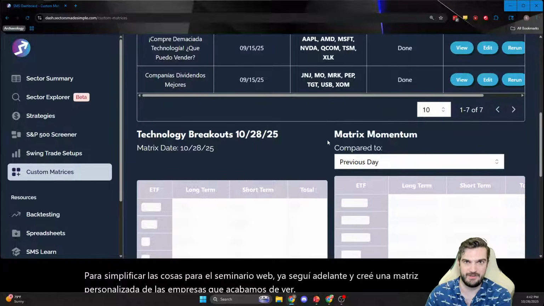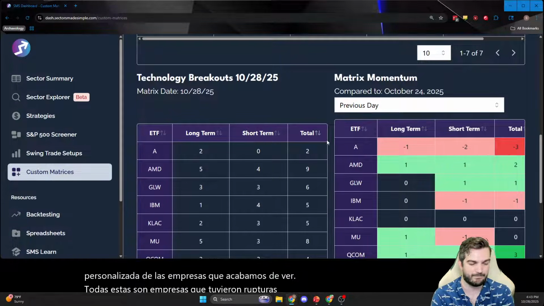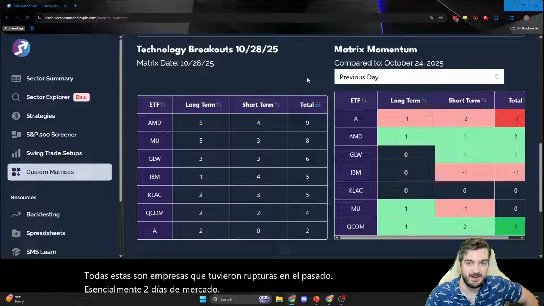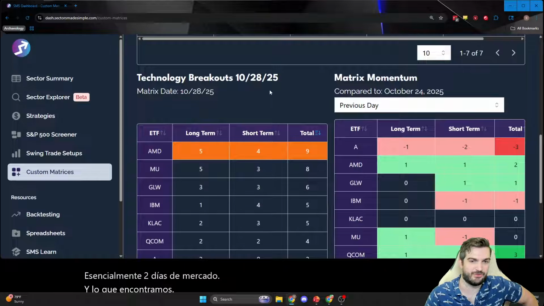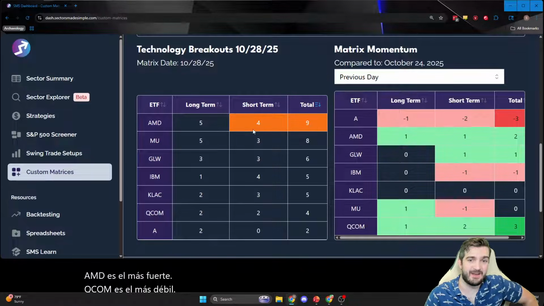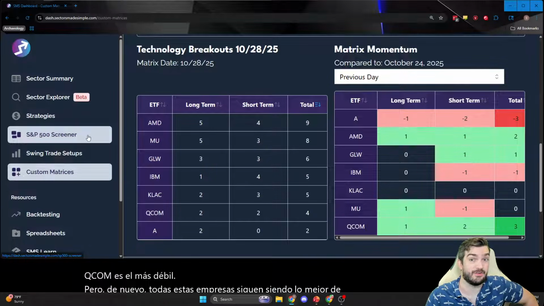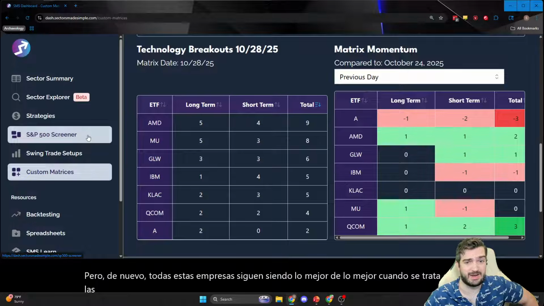These are all companies that went on breakouts in the past, essentially 2 market days. And what we find, AMD is the strongest, Qualcomm, QCOM, is the weakest. But again, all of these companies are still the best of the best when it comes to the strongest sector with recent breakouts.